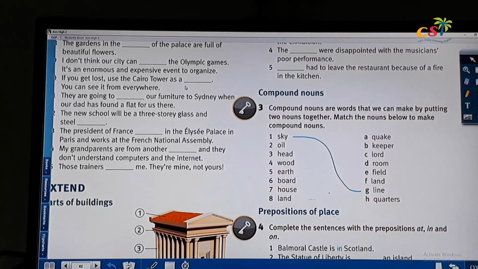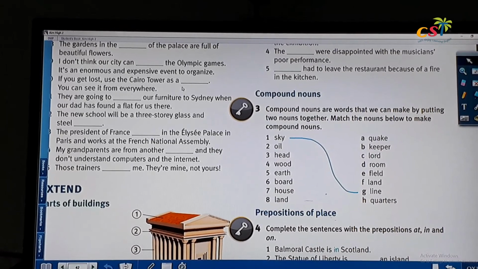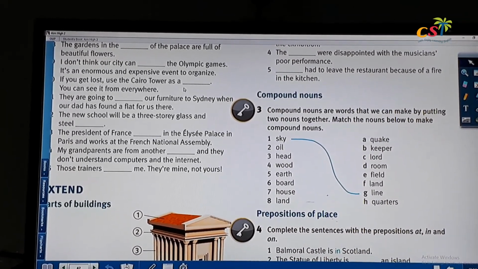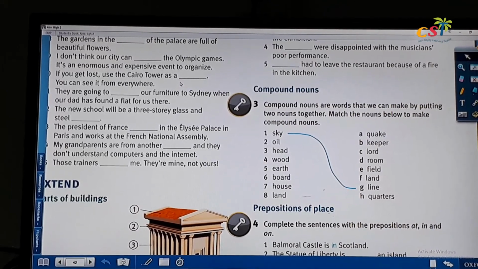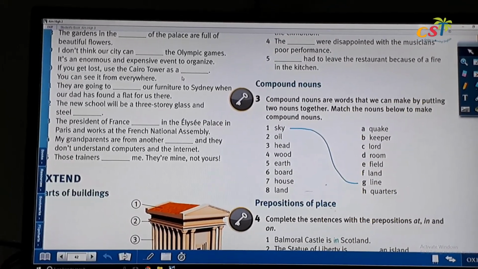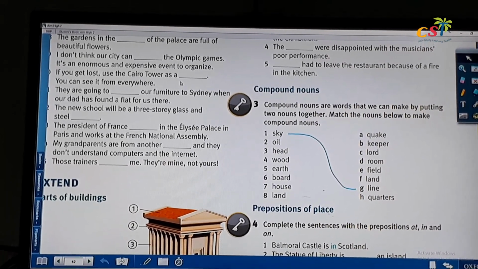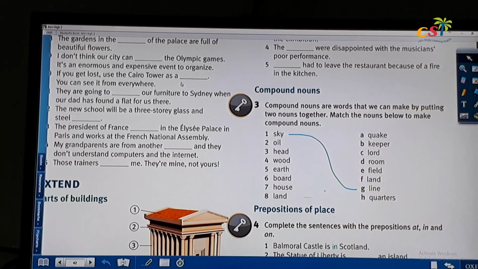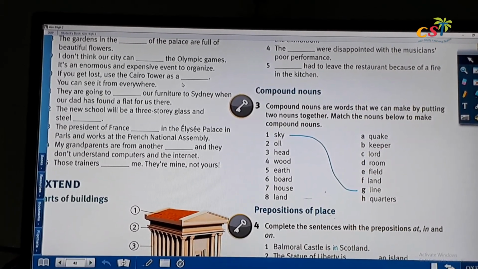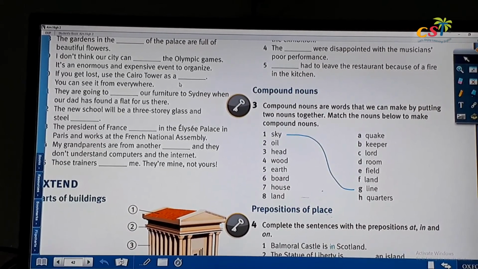Next, wood, land. Okay, wood, land. Earth, quake. Good. Board, room. Okay. House, keeper. And then the last one, landlord. Well done.